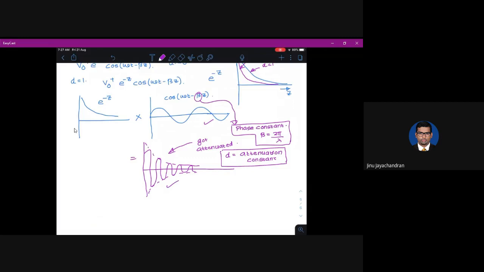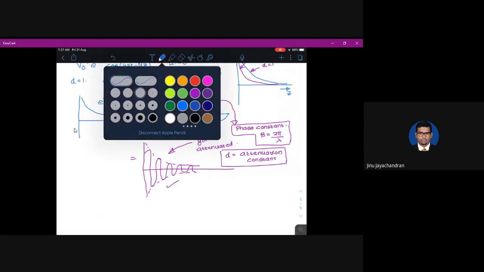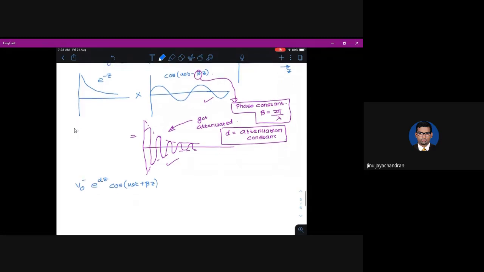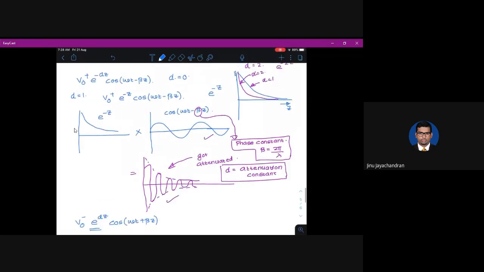And in the equation there is one more term, V0 minus e raised to plus alpha z cos of omega t plus beta z. So the question might arise: if this is plus alpha z, will there be an increase in the wave? Because when there is minus alpha z, you have an attenuation.